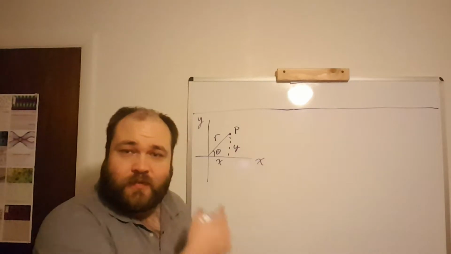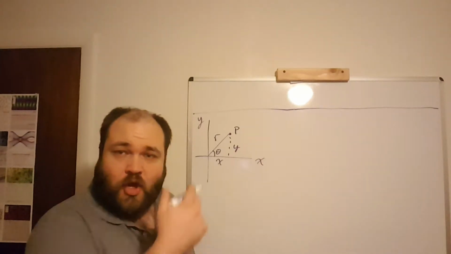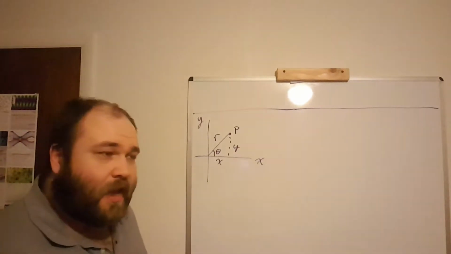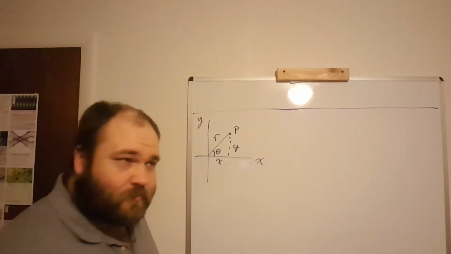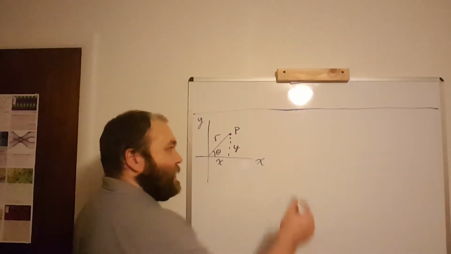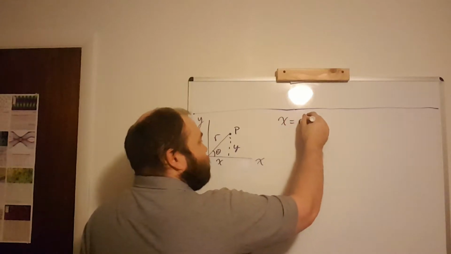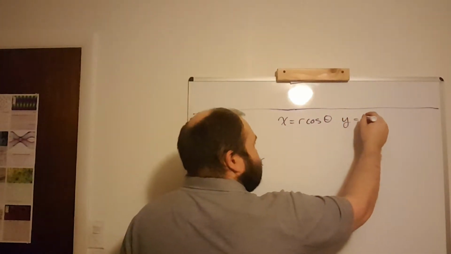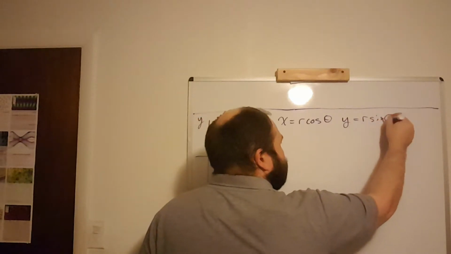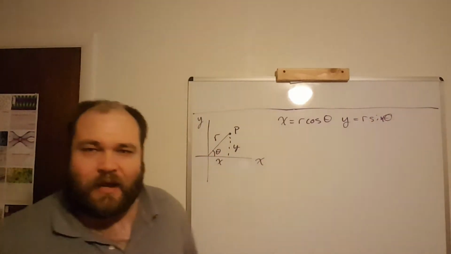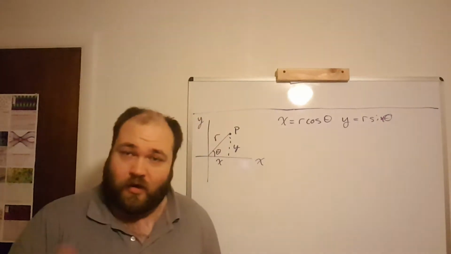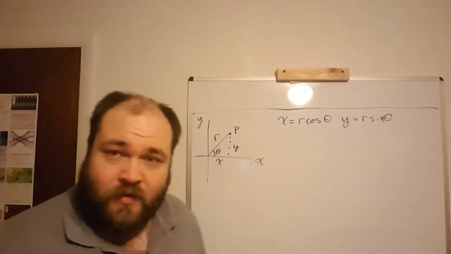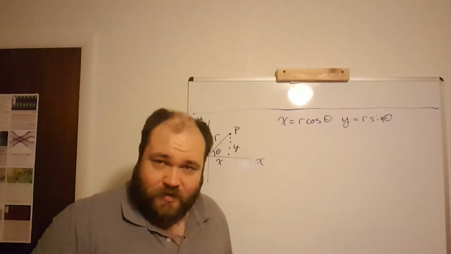So now, from there, we can construct a transformation space, which basically is that our x and y terms can be written in terms of r and theta. So now we have all the information we need.